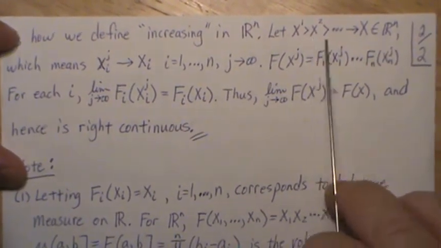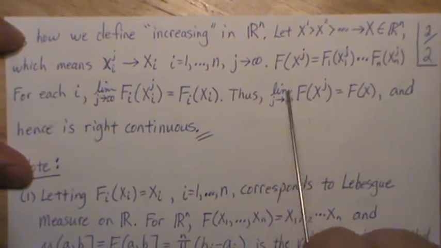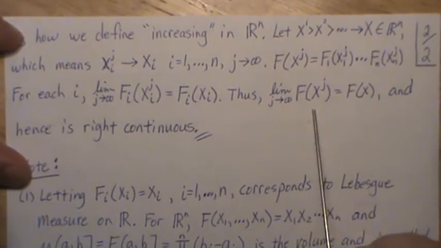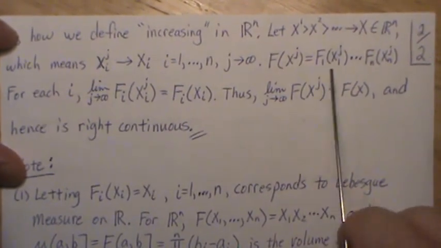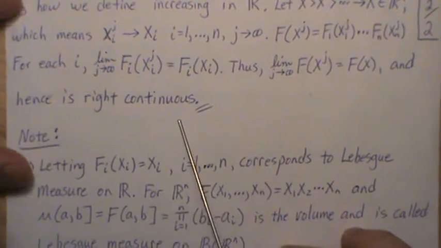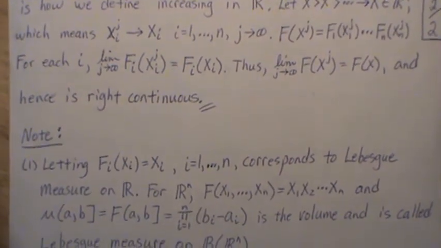So thus, f of xj converges to f of x, and it's right continuous, because the product converges, and hence f is right continuous, and it's a distribution function.